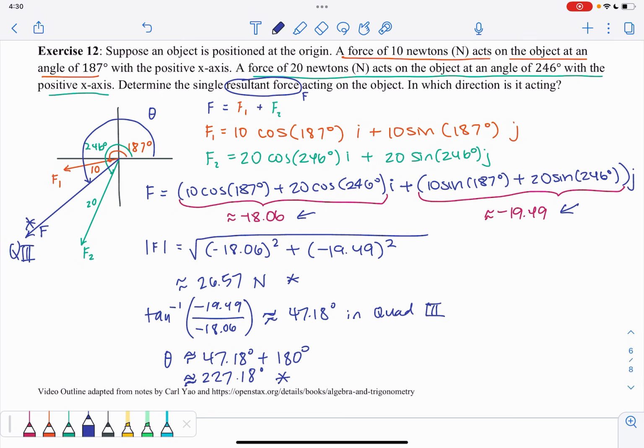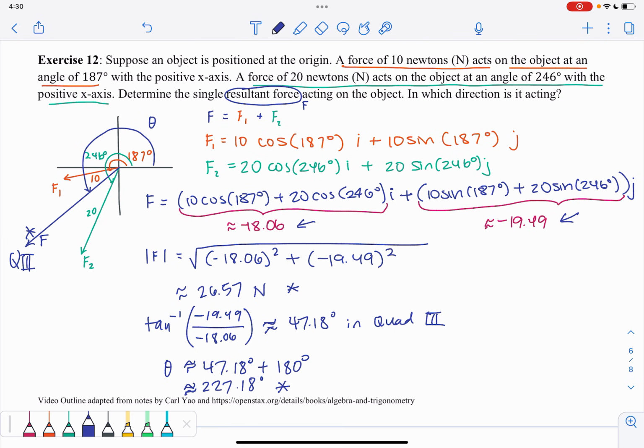So if you're asked a resultant force question, what you really want to do is think about the resultant force as the vectors of the two forces added together. If there are 3 forces or more, you could add those in there as well. That's step 1.